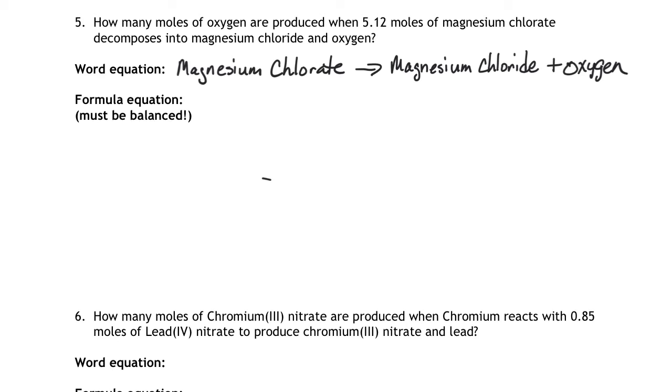So I've got magnesium, so that's going to be Mg. Actually, maybe I'll change colors here just to make things look a little different. Mg has a positive 2 charge. Chlorate is ClO3, and that has a negative charge.